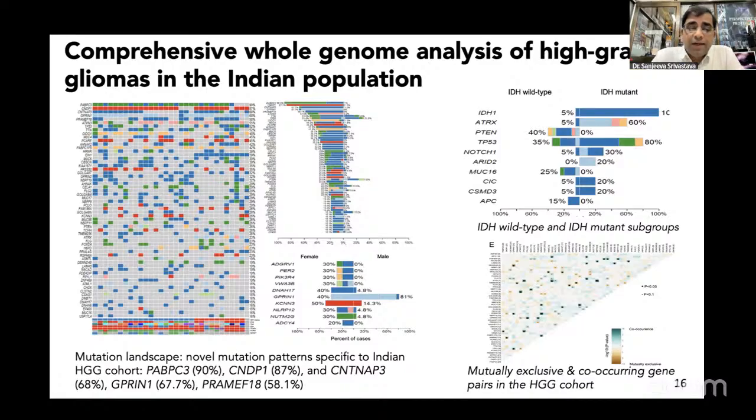What we could see in the Indian population is that there are some very unique mutations happening with a very high frequency, like PABPC and CNDP1. Some of these are happening at an 85-90% rate, and those were actually not reported in the previous TCGA data sets, right? So that was pretty interesting.